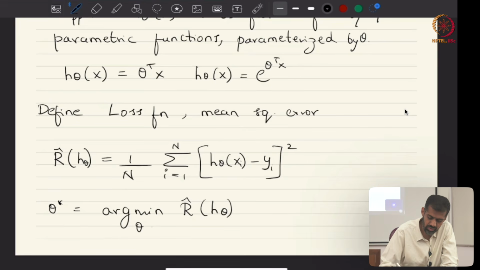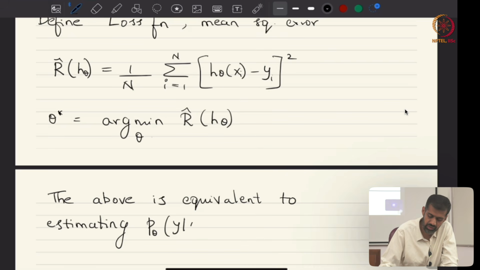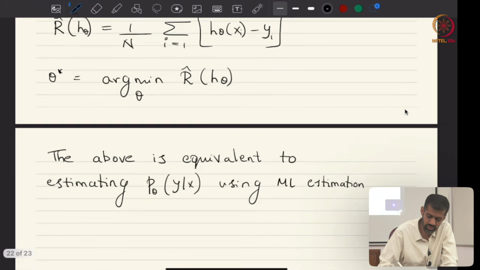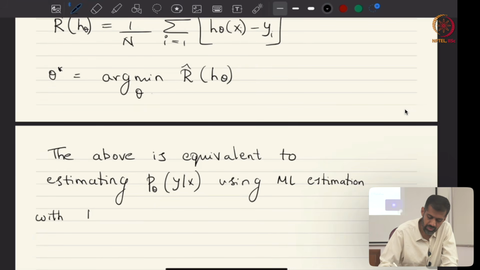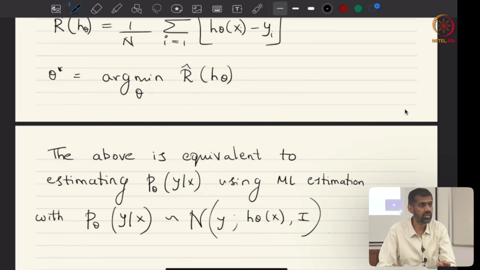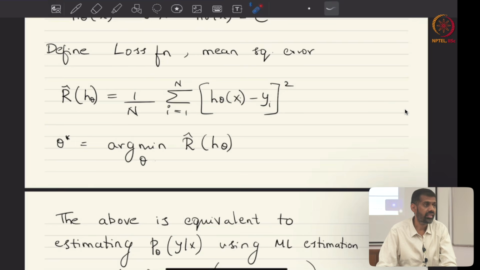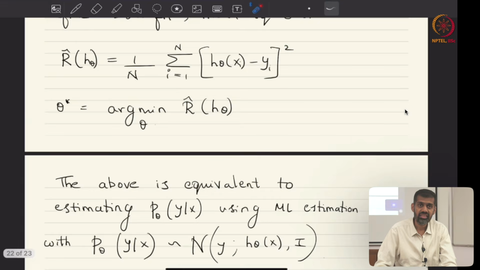The above is equivalent to estimating p theta of y given x using the maximum likelihood or ML estimation, with an assumption that p theta of y given x is Gaussian with mean h theta of x and variance I. So this is the equivalence, meaning if you solve empirical risk minimization, then you are estimating some distribution.